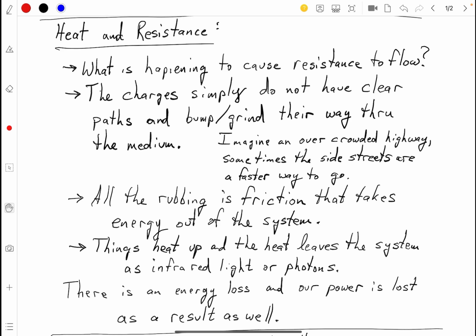So what happens? What is resistance? Well, it's resistance to flow. It doesn't want to flow, and it doesn't want to flow because it's heating up, right? So the electrons just don't have clear paths as they're going. So they bump and they grind and they work their way through the medium, and it's like a crowded highway.